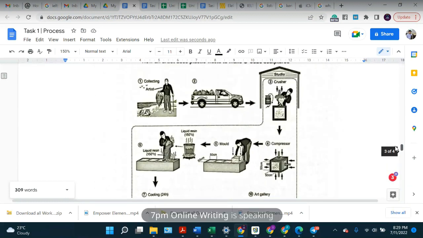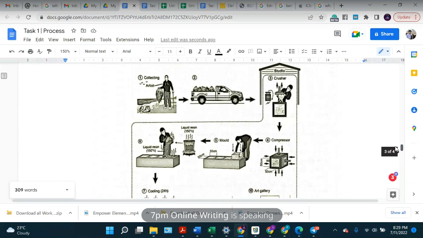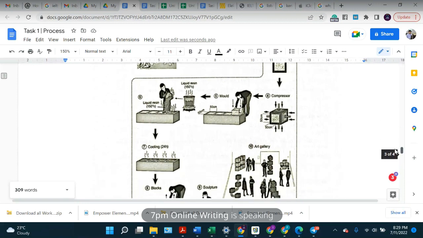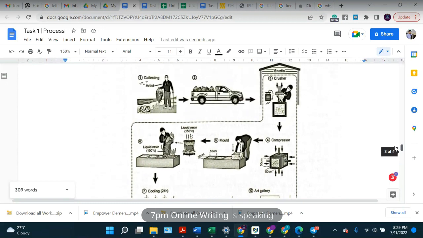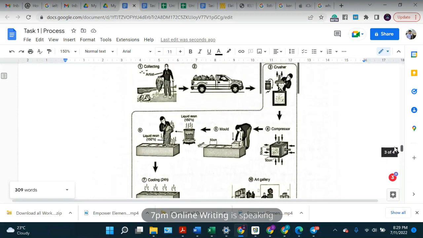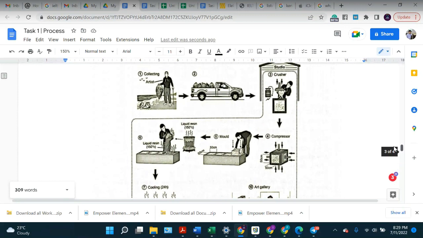So it's about crushing, compressing, molding. Maybe just three: crushing, compressing, molding, and then maybe adding liquid resin. I think crushing and compressing can be said in one sentence.